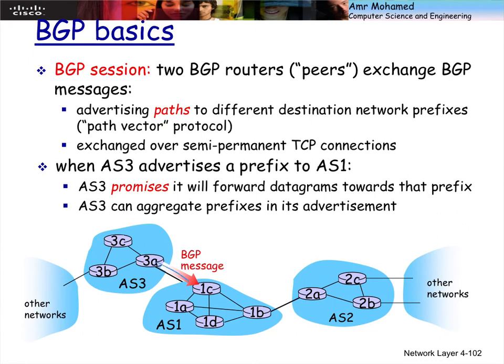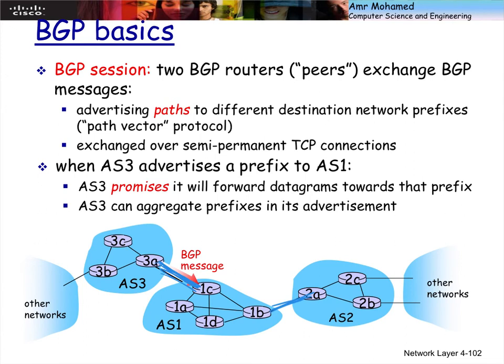So for BGP sessions, I establish BGP sessions between the designated border gateways of each autonomous system, and in that case we establish bidirectional TCP communication between these border gateways.